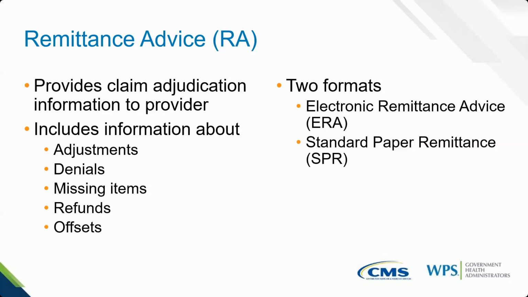The RA may also include information about something that is missing, and sometimes it even provides notice about refunds and offsets. The ERA also provides payment information about the transfer of funds. Now, this could be payment processing from a health plan to a healthcare provider's bank.